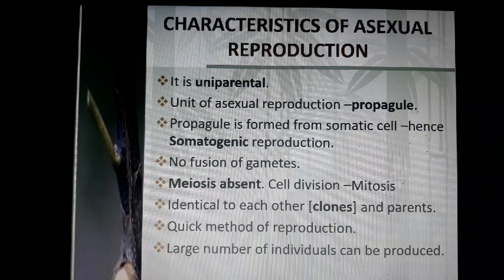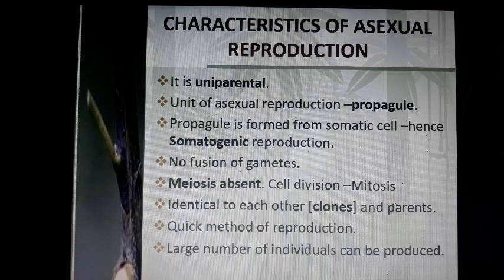Asexual reproduction is uniparental, means a single parent can carry out this kind of reproduction. The unit of asexual reproduction is propagule, means the part which is involved in asexual reproduction is called propagule. In simple words, propagule is called bud.